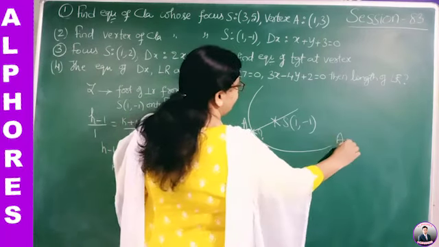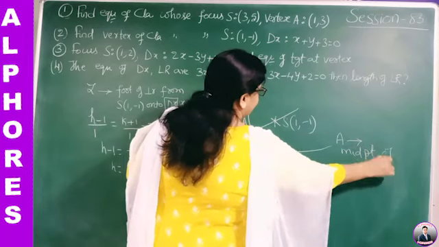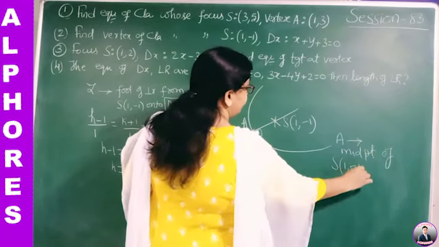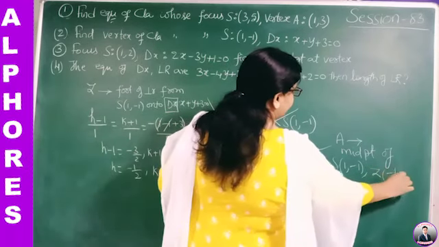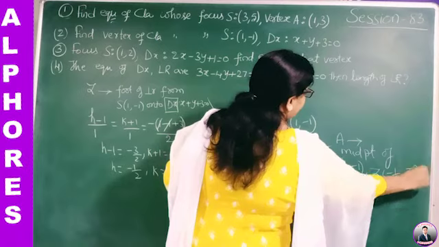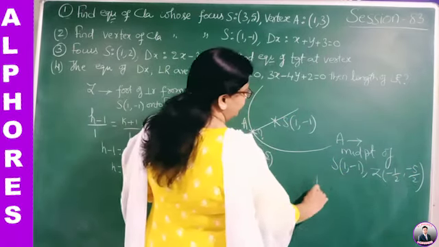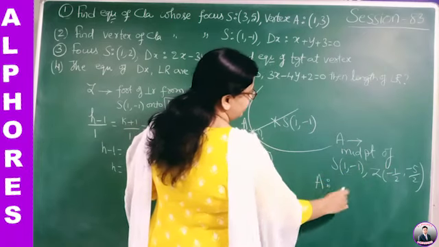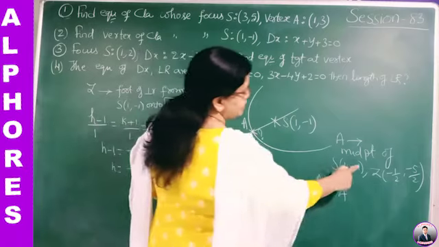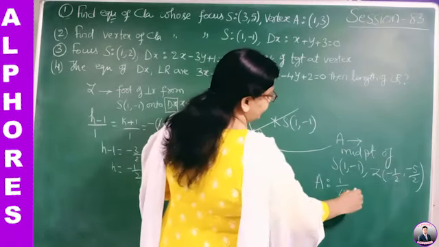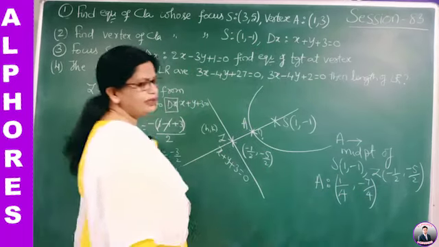A is the midpoint of S, Z. The S value is (1, -1) and the Z value is (-1/2, -5/2). So the midpoint is (1 - 1/2)/2, which is 1/4, and the next value is (-1 - 5/2)/2, that is -7/4. Therefore this is our vertex.